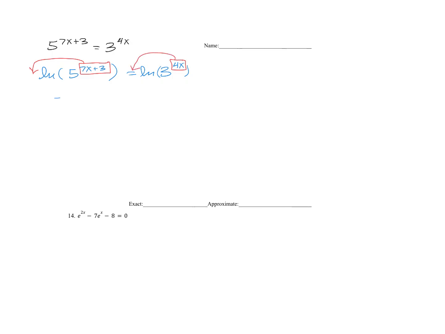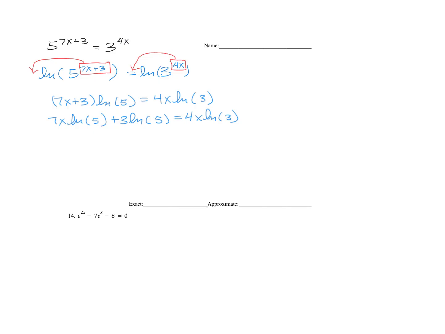And now I've got 7x plus 3 times the natural log of 5 is equal to 4x times the natural log of 3. And now I need to solve for x. To do that, I'm going to first multiply out so I can organize everything. When I distribute on the left, I get 7x natural log of 5 plus 3 natural log of 5 equals 4x natural log 3.